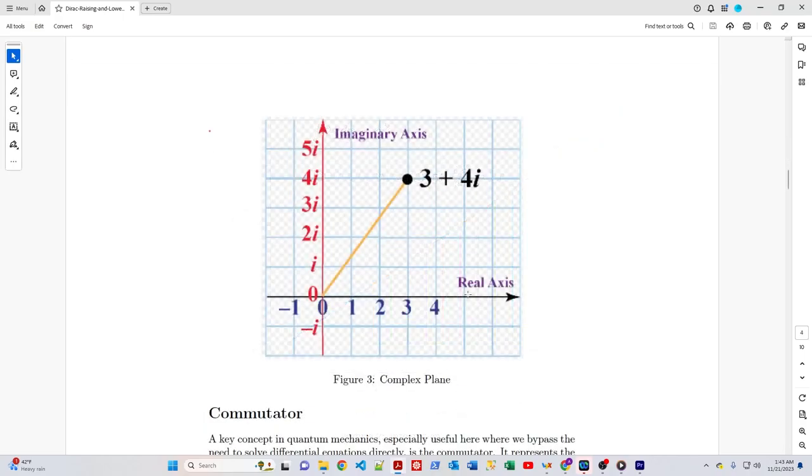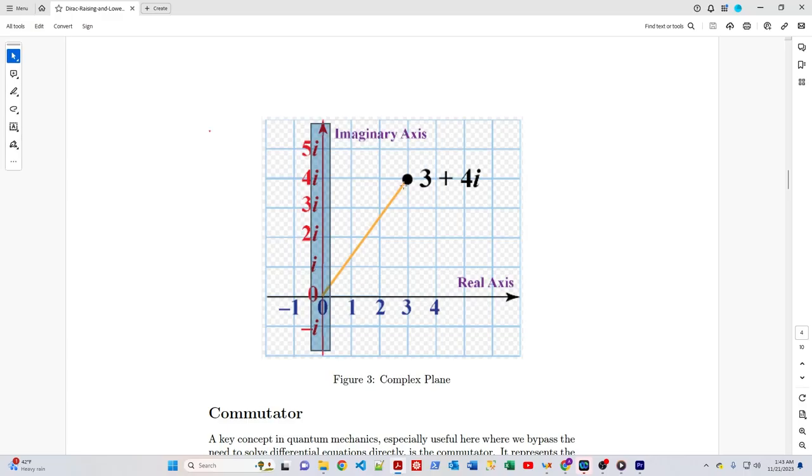The next concept we're going to need is imaginary numbers. Complex numbers, really, but the one we're going to see is the number i. It's the square root of -1. And the way this works is complex numbers live in a plane, a two-dimensional plane, like on a piece of graph paper. And the horizontal axis, right here, is the real part, and the vertical axis, right here, is the imaginary part.